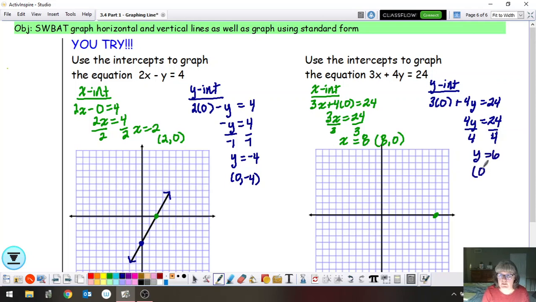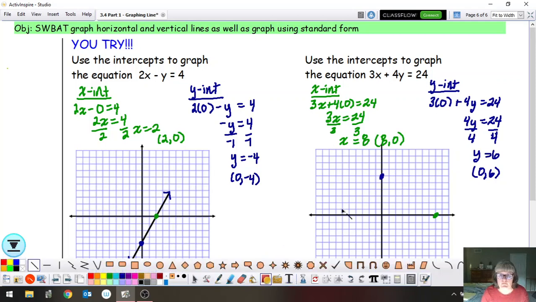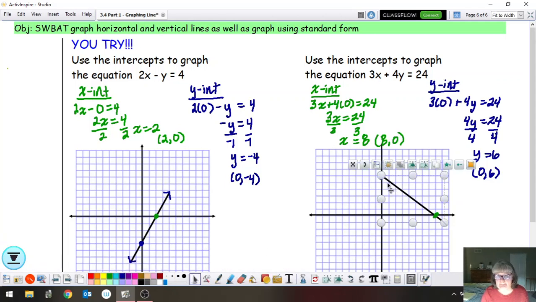So our y-intercept is at the point 0, 6. 1, 2, 3, 4, 5, 6. And let's graph our point. And make sure we put arrows on the end. And that is how we can graph lines using the x and the y-intercept.